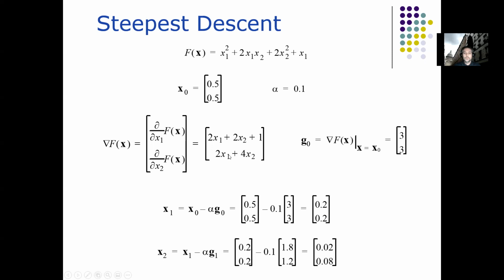So if you put in these equations 0.2 and 0.2, you calculate the gradient vector again. Then you can put the gradient vector here and calculate the result, which is the new value for the x's. The new value of the vector is shown on the slide. And you do several iterations until you reach a point where these values do not change very much, which means that you have reached a minimizer of the function.